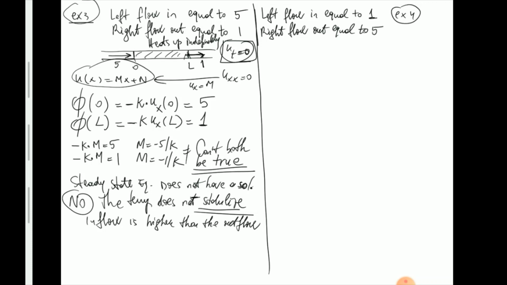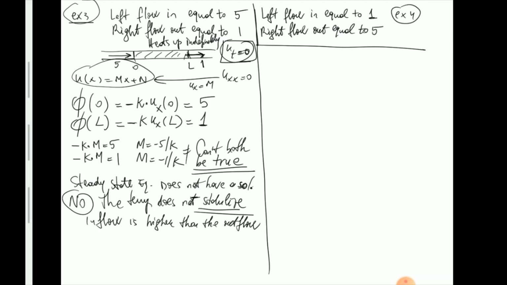And in some other cases, the reason is a little bit different, but still the steady state equation doesn't have a solution because it shouldn't be formulated in the first place, or the boundary conditions might be incorrect, as you will see in the next example. So I hope it's clear in this case why we don't have any solution.